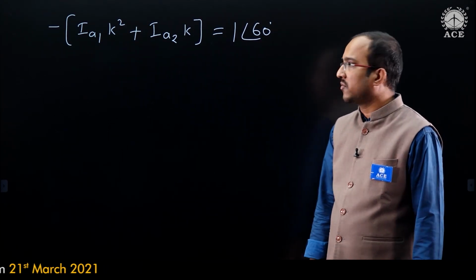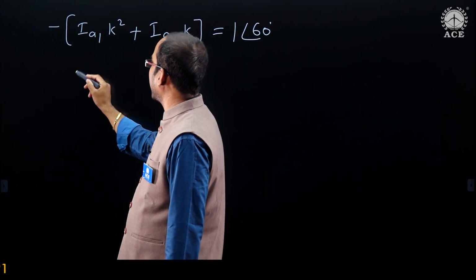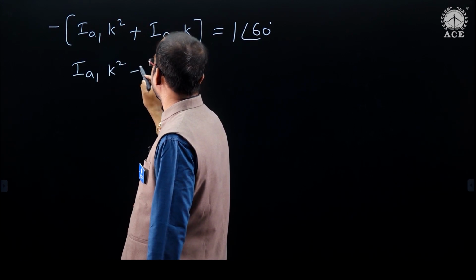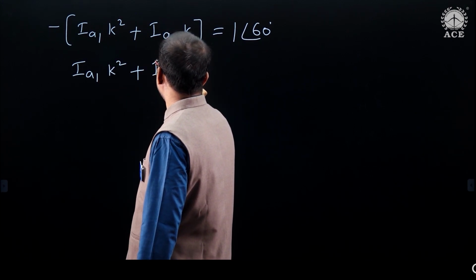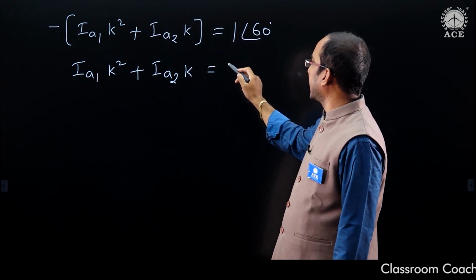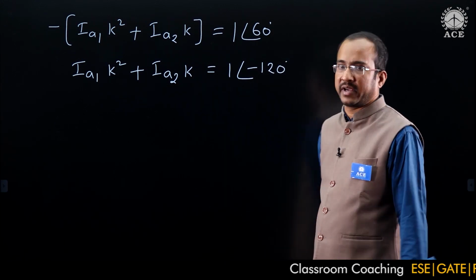If you take minus 1 to the other side, we can write IA1 into K square plus IA2 into K as 1 at an angle of minus 120 degrees.